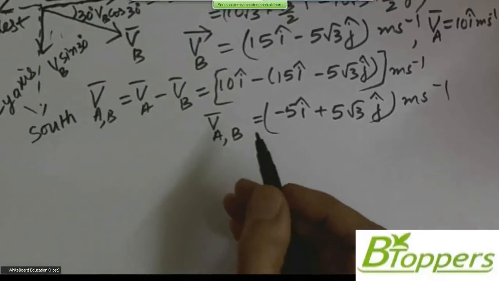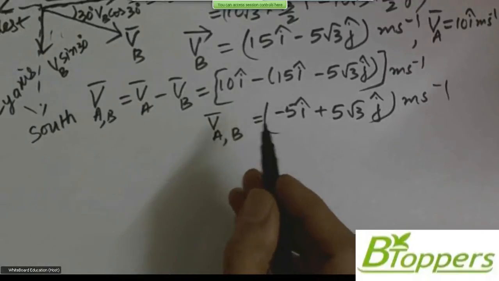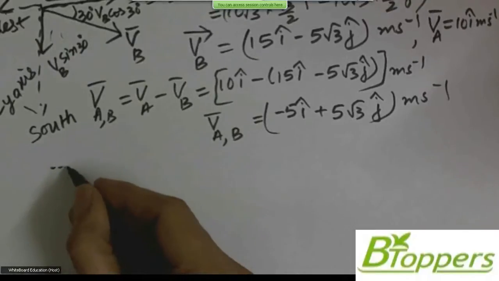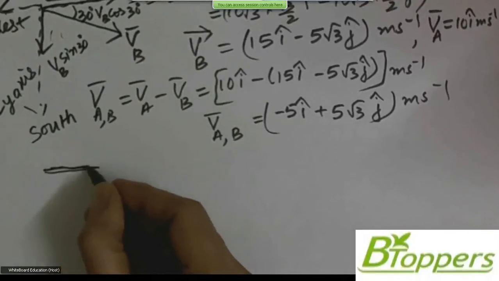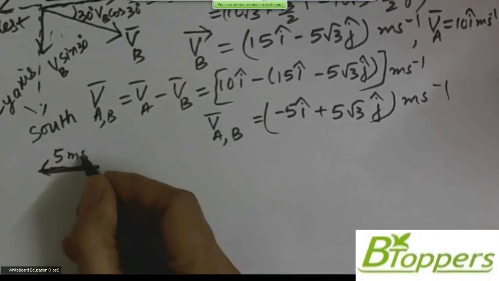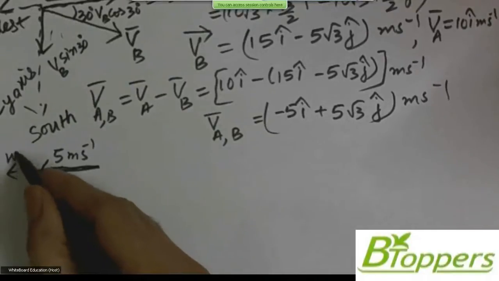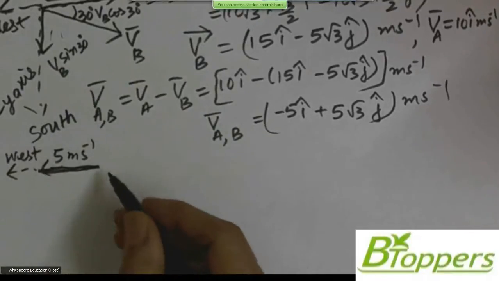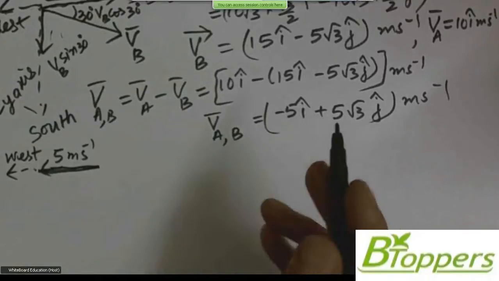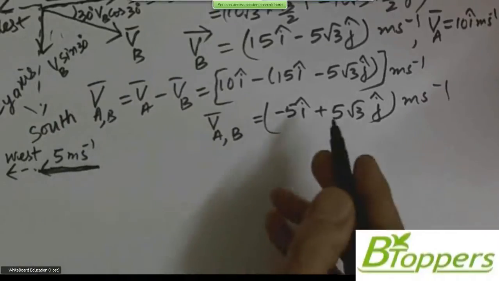So the relative velocity of A with respect to B has a rectangular component of magnitude 5 meter per second towards negative x-axis, means towards west. I draw a separate figure showing the rectangular components of relative velocity of A with respect to B, and it has rectangular component of magnitude 5 root 3 meter per second towards positive y-axis.